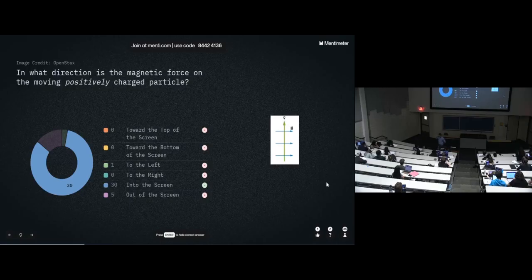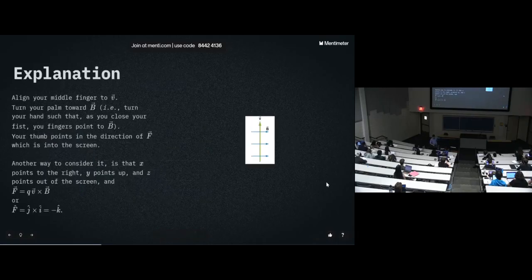And so you align your middle finger to V, turn your palm towards B, or that is to say, turn your hand such that as you close your fist, your fingers point in the direction of B. So if I align my fingers to V, I turn my palm such that as I curl my fingers, they point towards B, and that means into the screen, I get my force. So this would want to bend in towards the screen.